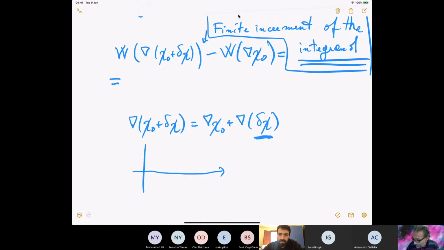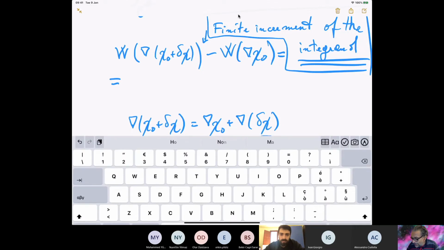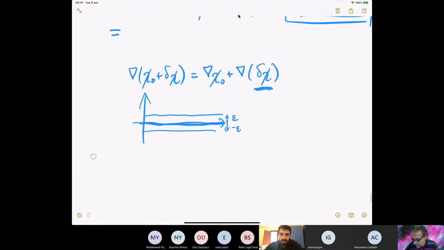So imagine to have a function which is in the stripe, between minus epsilon and plus epsilon. You have the function 0, and you have the stripe epsilon, minus epsilon.